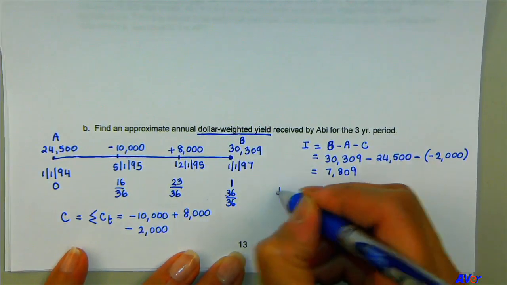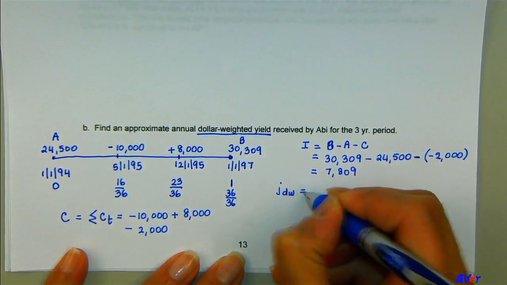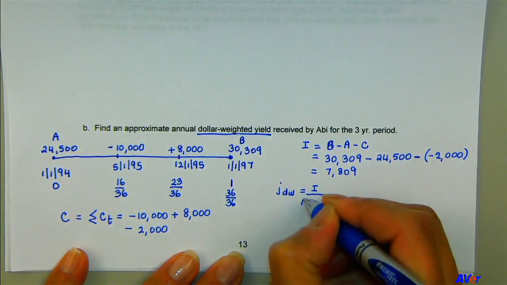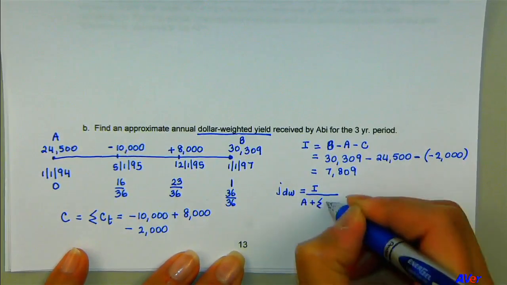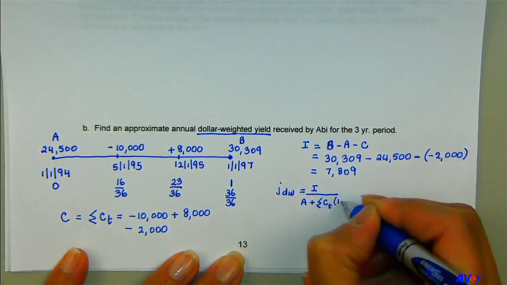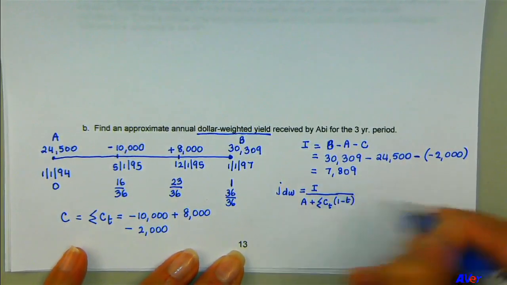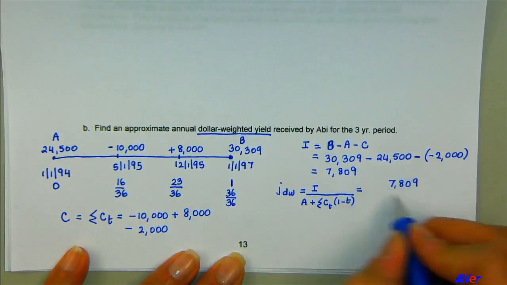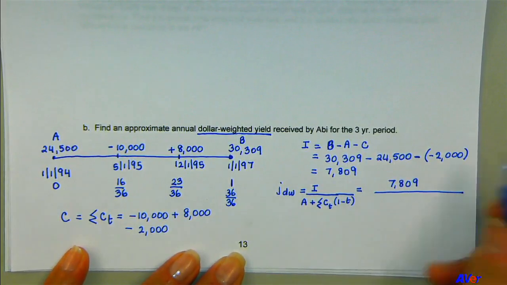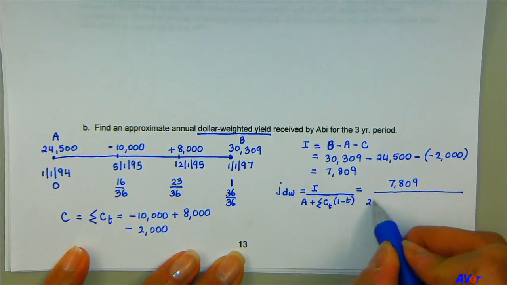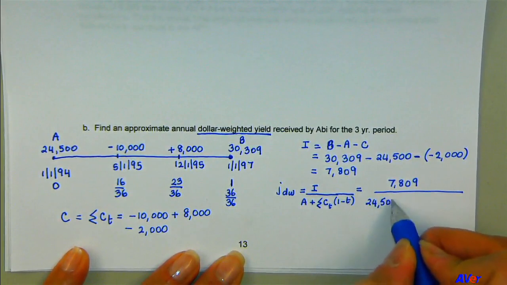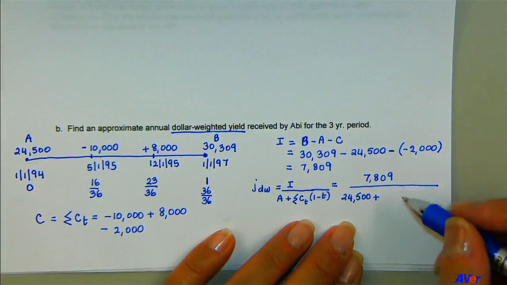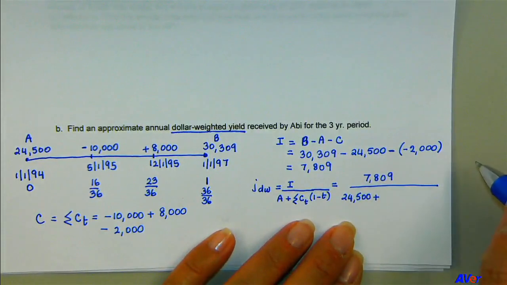Therefore, J dollar weighted is equal to I over A plus summation CT times 1 minus T. So 7,809 divided by A, which is 24,500, plus every contribution times the amount of time it has left to grow.